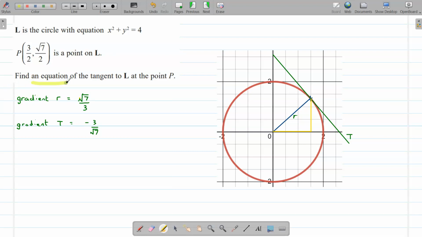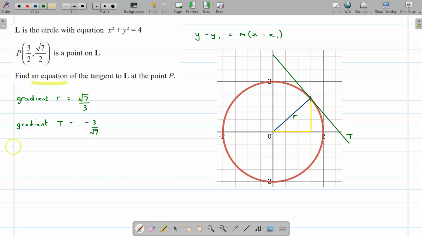And there's several ways you could do this, because at that point, if you can remember this, y minus y1 equals m(x minus x1), then you can answer the question straight away. That's the equation of a straight line with a gradient m that goes through the point with coordinates x1, y1.